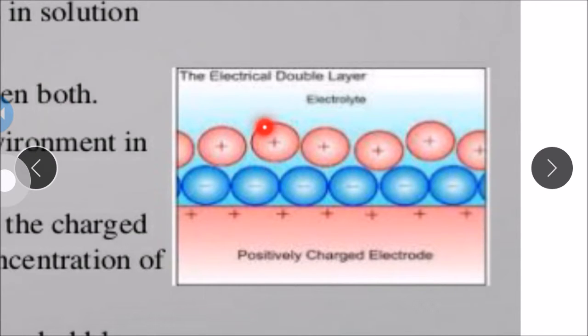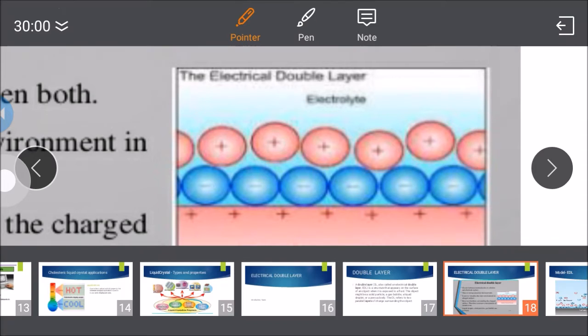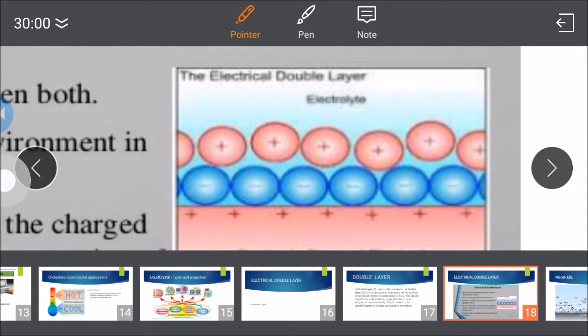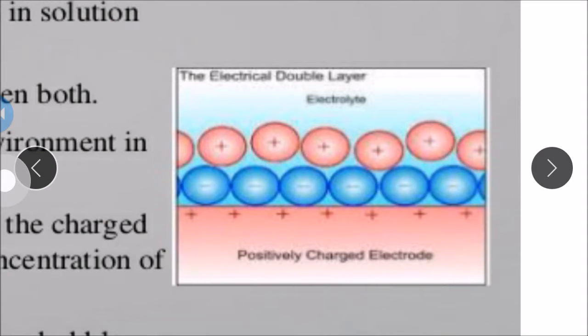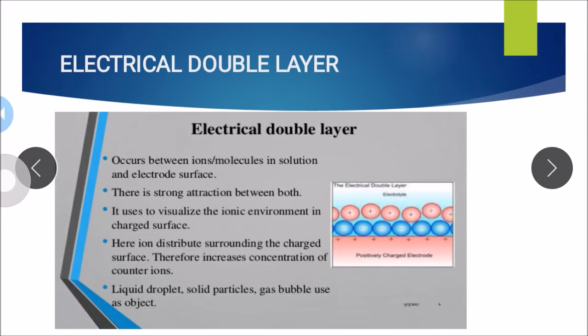So here we have the positively charged ions, and here we have negatively charged ions. Since the electrode is positively charged, the negatively charged ions accumulate as a layer, and after the negatively charged layer there is one positively charged layer. So this is the form of the double layer.